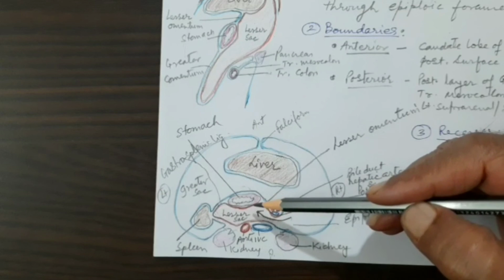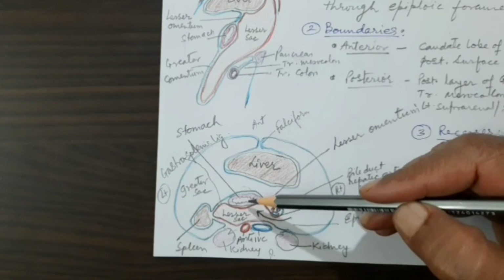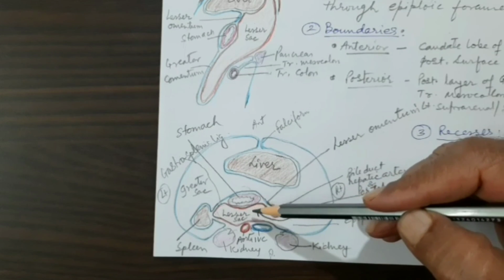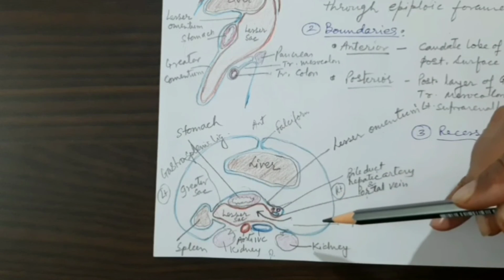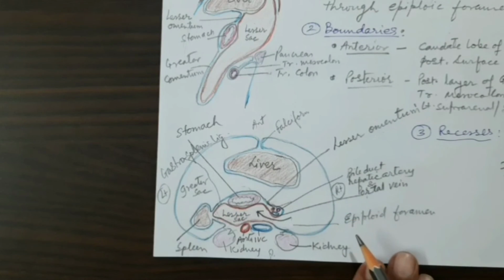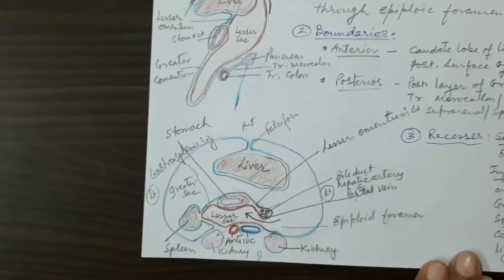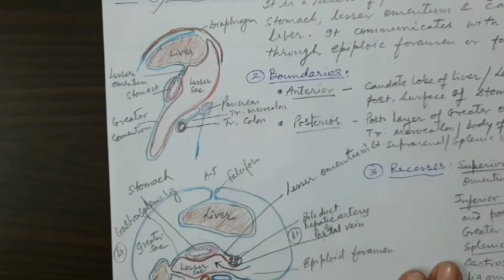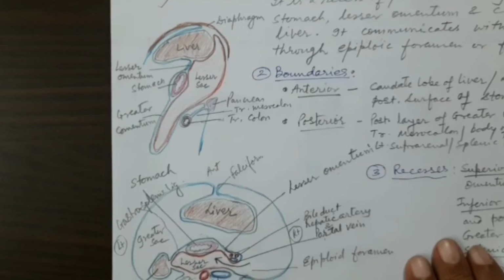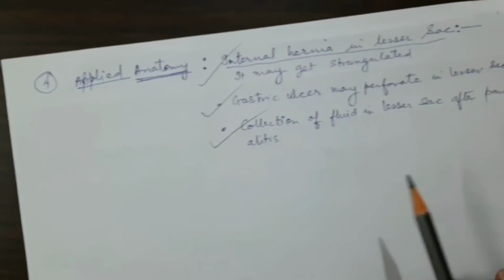This rupture and escape of the acidic contents of the stomach is a very painful condition. So this is one of the important conditions. When the ulcer of the stomach ruptures, it will first go into the lesser sac. Now this is surgically repaired, and the peritoneal cavity is vast.